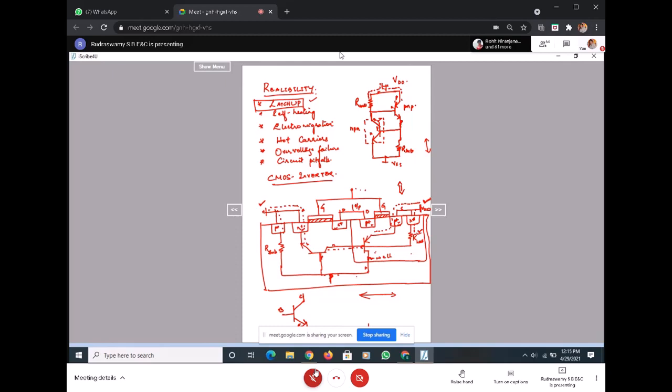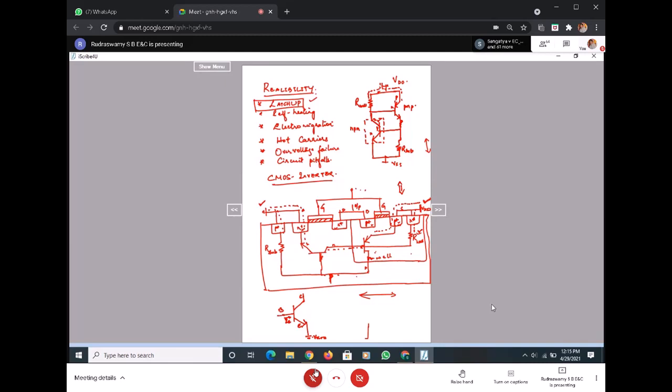In order for the base current to flow, what should be the condition over here?